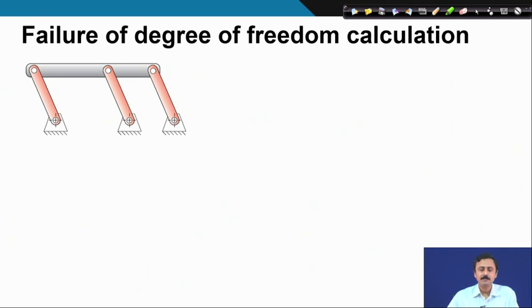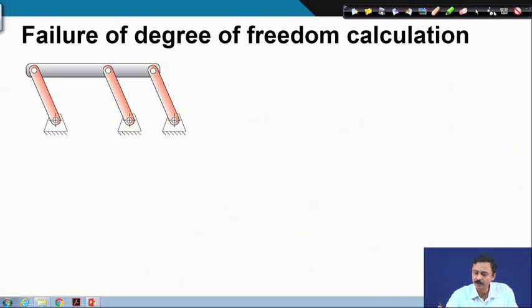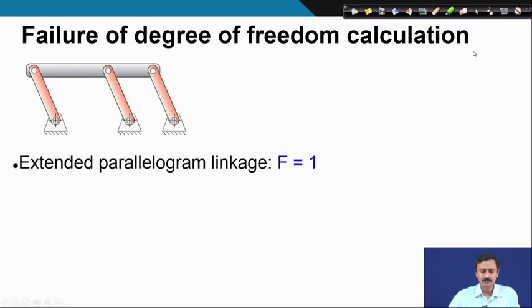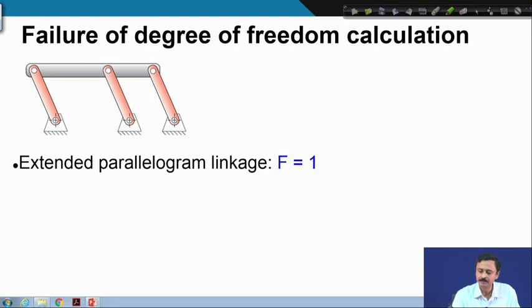but what about this? Here also the calculation remains the same, because I have 1, 2, 3, 4, 5. So, number of links is 5, number of joints is 6, and the previous calculation holds. Therefore, this must also be a structure according to our degree of freedom calculation.